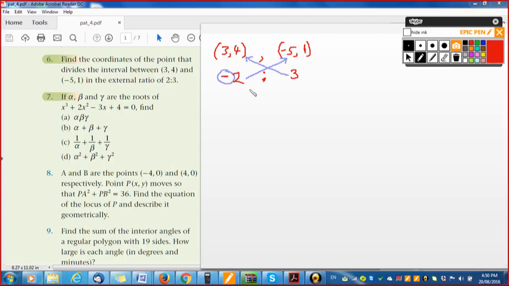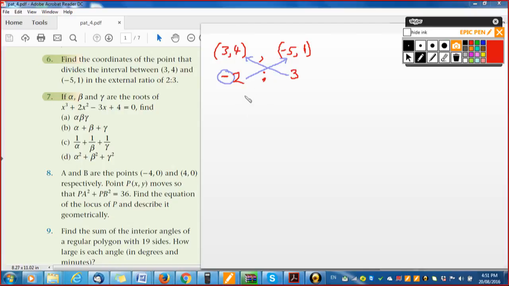You can put it either place, it really doesn't matter, as long as one of them is negative, not both. If they're both negative, the negatives cancel each other out and it'll be an internal division. But if it's an external division, as long as one of the two is negative, it should be okay.